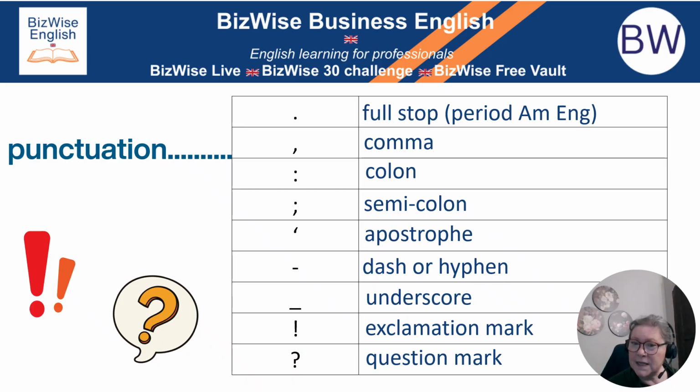An apostrophe is used to show two things, either possession, my mother's house, or it can be used to show a contraction. I am becomes I'm with an apostrophe. Those are the most important ones for you to be aware of.